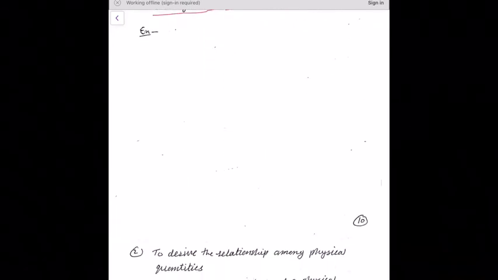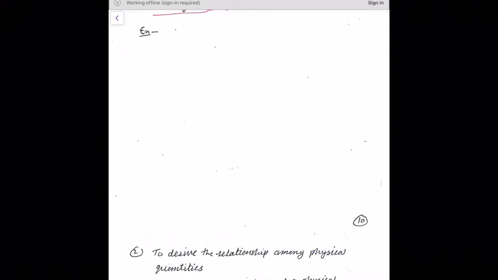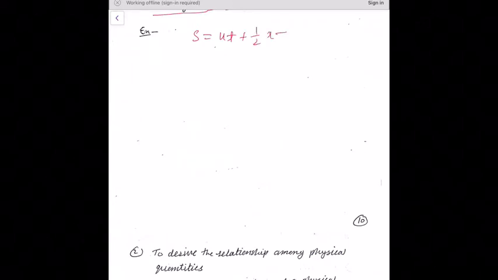let us check the dimensional accuracy of the equation of motion, s equal to ut plus half at square, where symbols have their usual meanings.